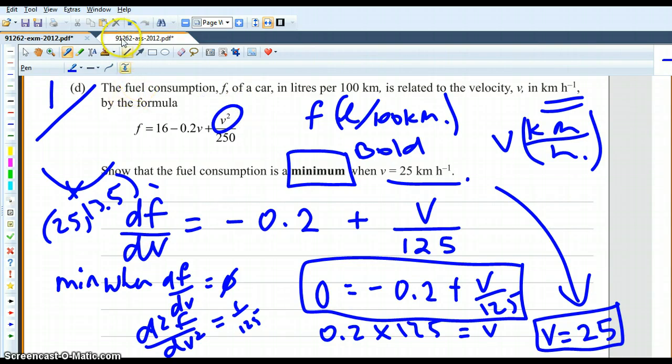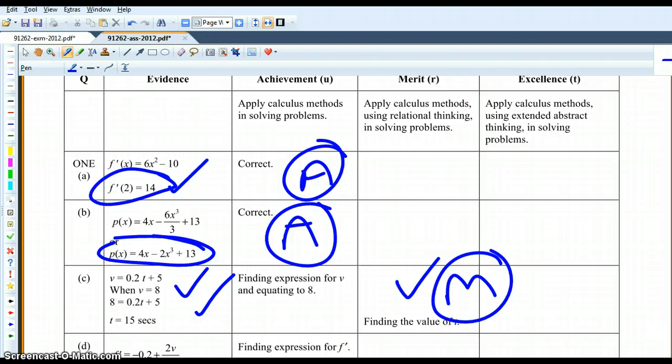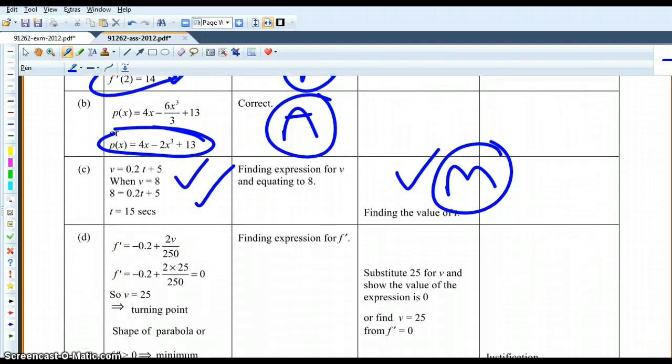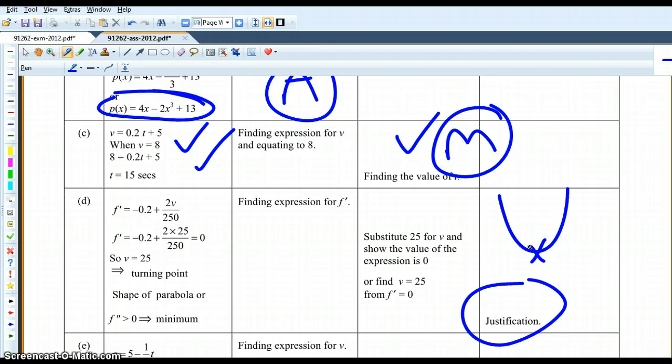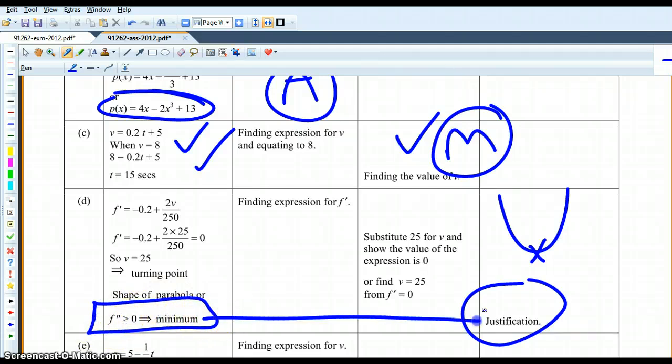Let's see how much we need to actually gain credit. Justification. That's where you want to have your graph or your double derivative or something like that. That there is greater than 0, so it is a minimum. That's your justification, the d squared f over dv squared.